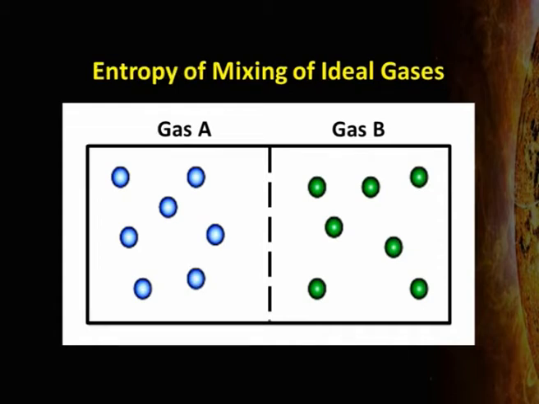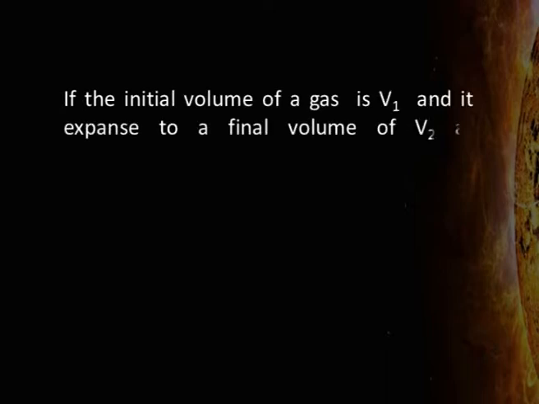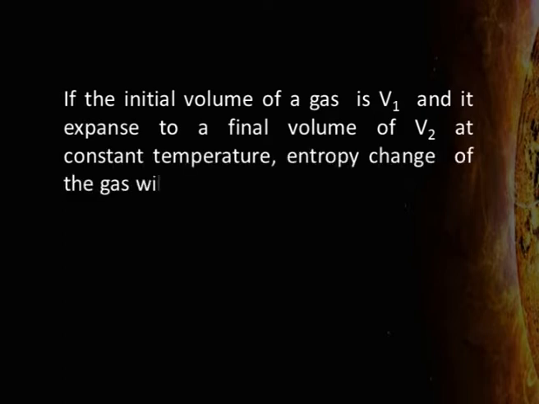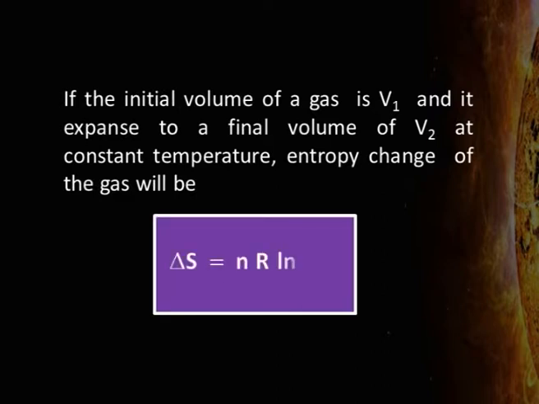To calculate the entropy change, let us consider the two separate expansions, that is, the expansion of gas A and the expansion of gas B. If the initial volume of a gas is V1 and it expands to a final volume of V2 at constant temperature, then entropy change of the gas will be given by delta S equal to NR natural log V2 divided by V1.